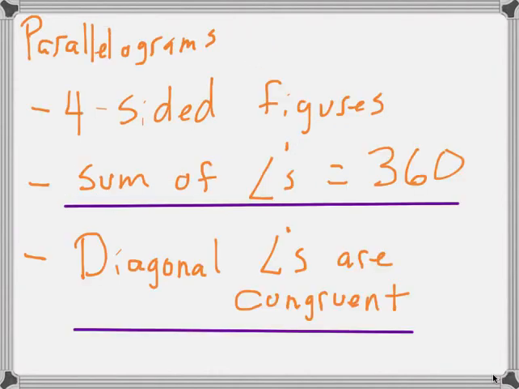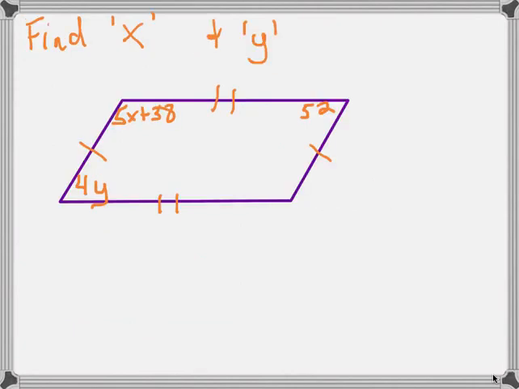Now, I said something in the previous slide that diagonal angles are congruent, meaning they're the same size. Now, let's look at the obvious. I've got 4y. I've got one angle measure, that's 52 degrees.